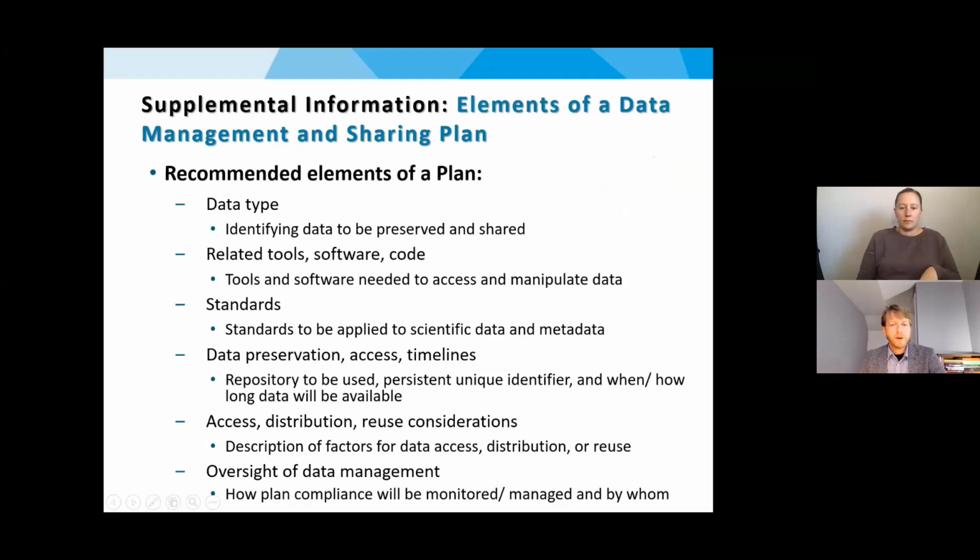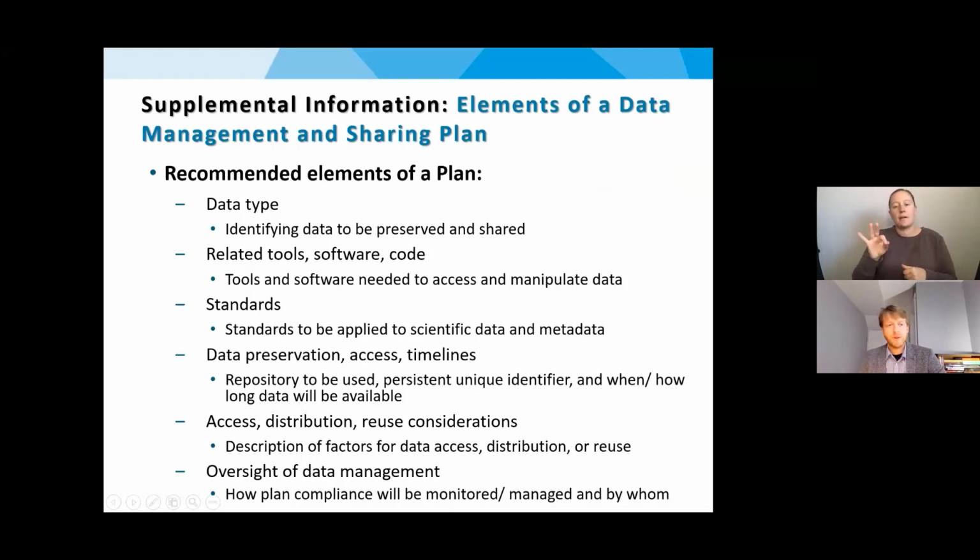So as I mentioned earlier, NIH has provided information both in the policy and in associated supplemental information about what data management and sharing plans should look like. The policy is clear that the approach to data management and sharing that is described in the plan should attempt to really maximize appropriate sharing while also trying to be consistent with the FAIR principles.